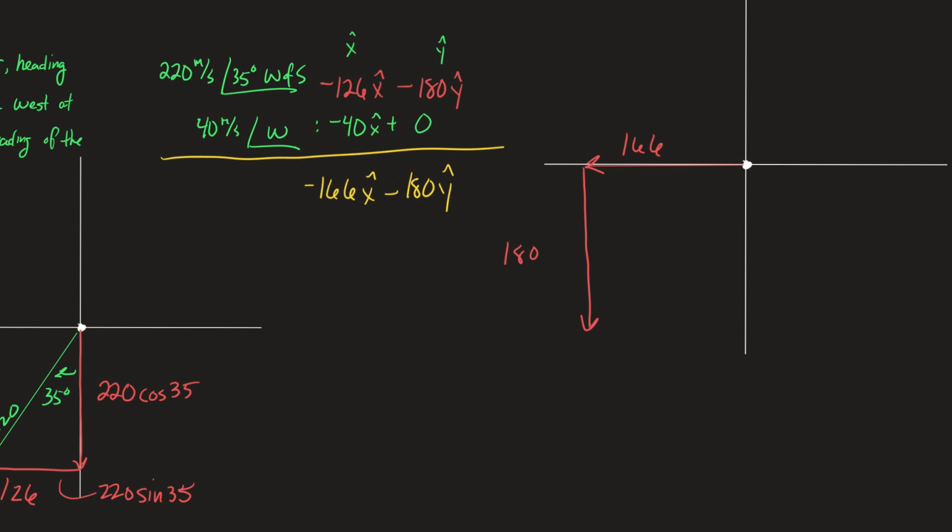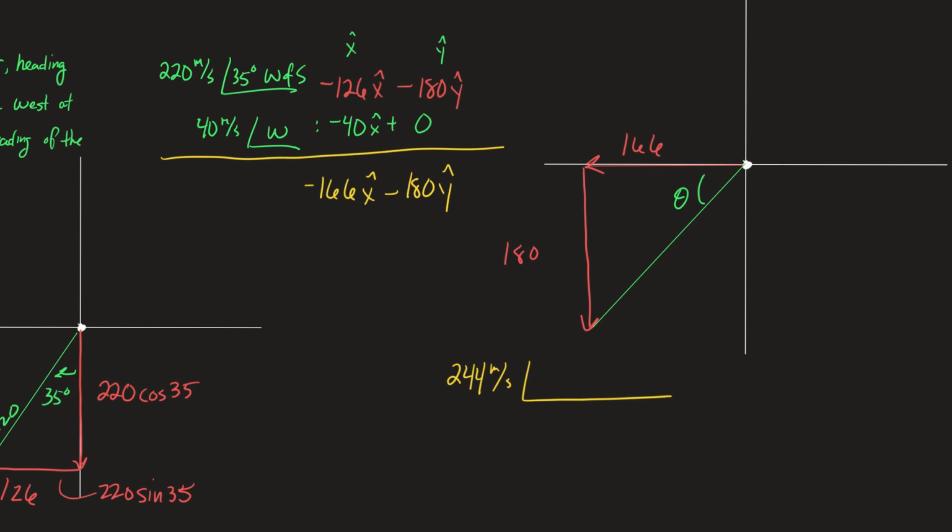But if I do it this way, the angle I'm going to be getting will be this angle. It's just all dependent on how you want to reference your final answer. So I believe the length comes out to be like, what, 244? We use Pythagorean theorem. So 244 meters per second.